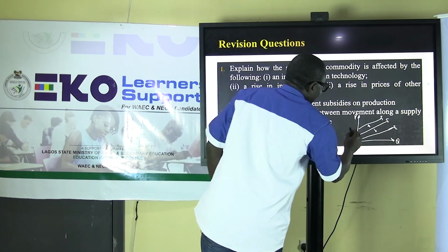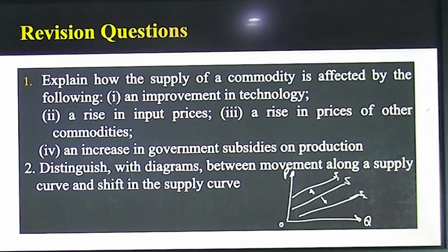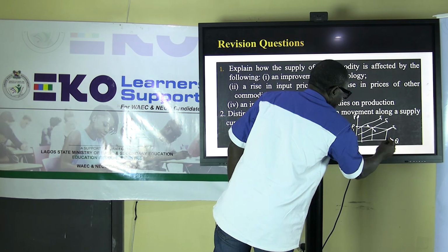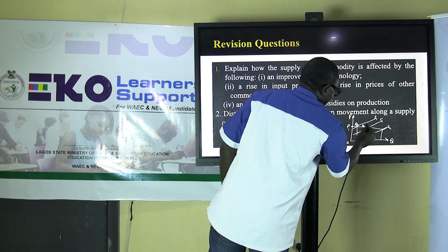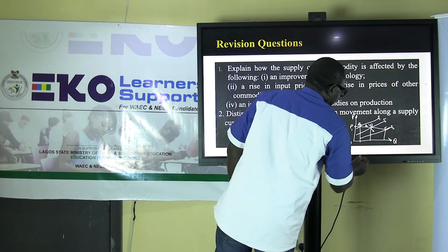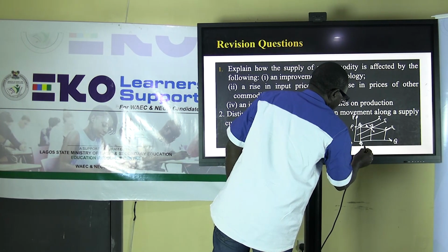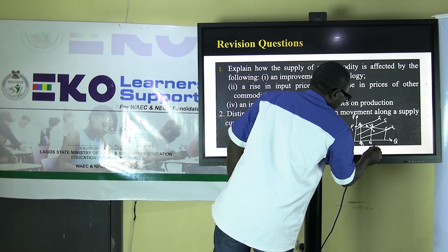And when you look at this, what you have is a single price, P1. So at that price, you have different quantities where the price line crosses the different supply curves. So these points can be points A, B, and C, and you can have quantities Q1, Q2, and Q3.